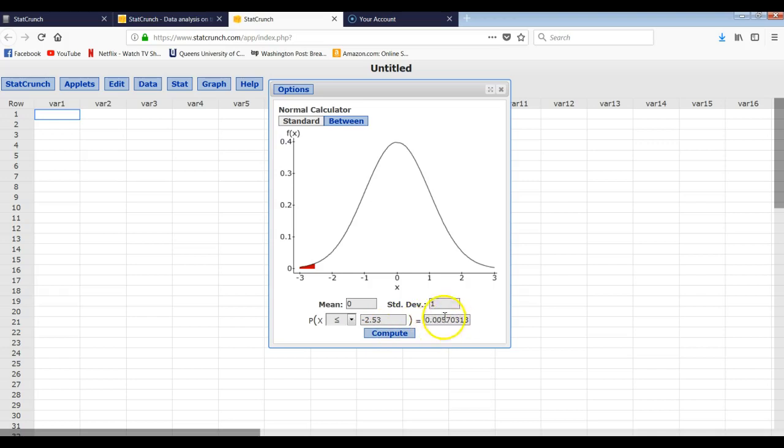And that means our p-value is 0.0057. If our alternative hypothesis was greater than, then we'd pick greater than here. If it's not equal to, don't worry about it. I'm not going to ask you to do that. Okay, so if the alternative hypothesis is less than, you'll pick less than here. If it's greater than, you'll pick greater than here.